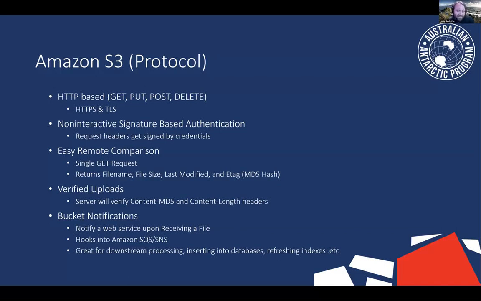A big part of it that I think really helps is when you upload something to an S3 server, you can add the Content-MD5 and Content-Length headers into the request. And the server will verify these, and it won't actually accept the file and insert it into your file system if those things don't match up.